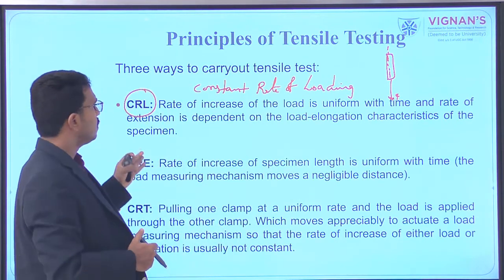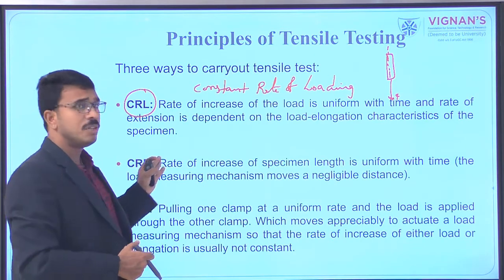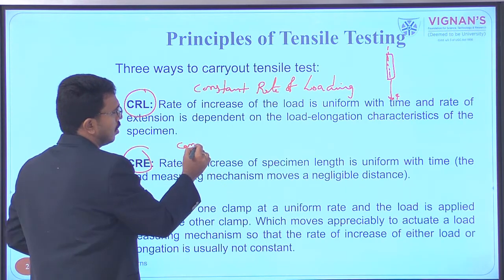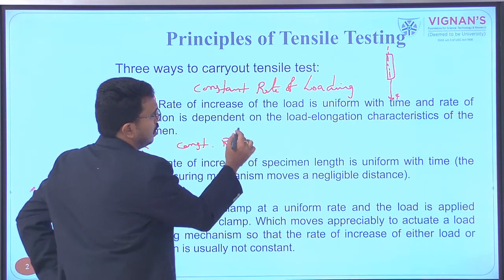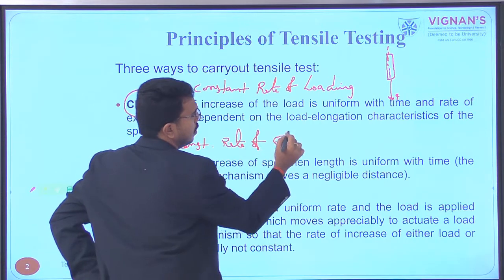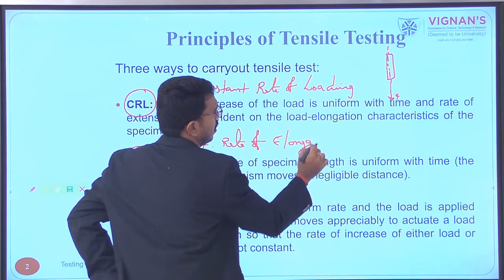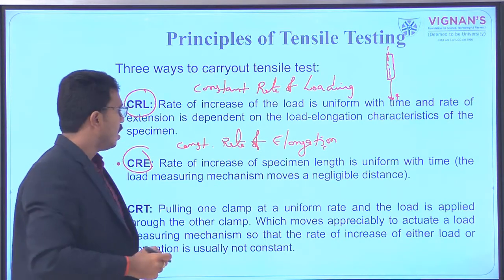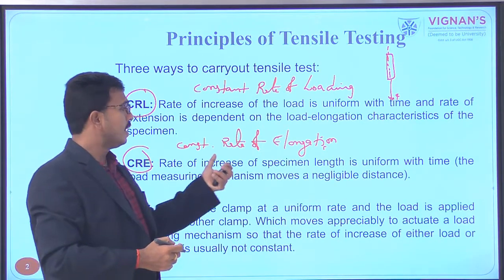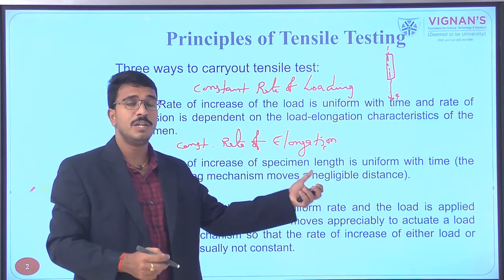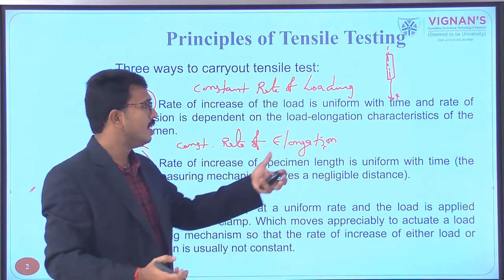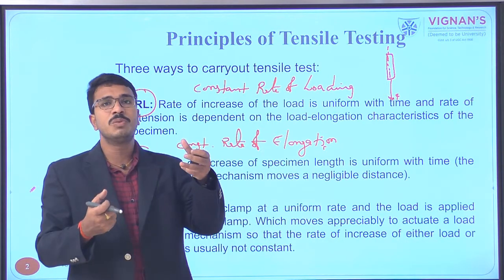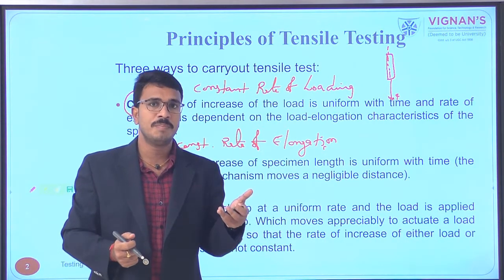Now coming to constant rate of elongation, that is CRE. The rate of increase of specimen length is uniform with time. That means the extension in the specimen is uniform with respect to time.